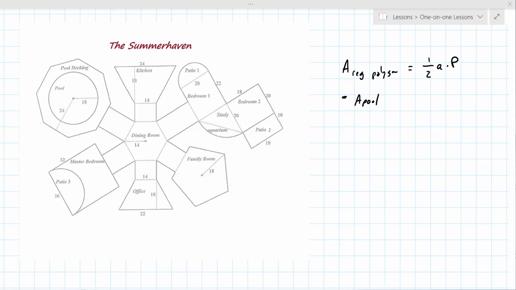Large octagon, we'll say underscore large octagon minus the area of the pool. So the underscore is where you're going to want to come back and make that subscript. Okay. And we can do it together if we have time, but we'll make sure we get all the other stuff done. So let's see, how is your format going to work here? Okay, so it does go down to a new line.